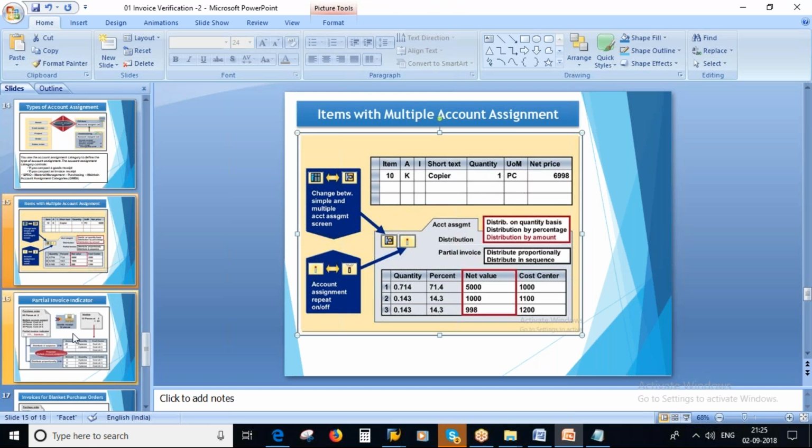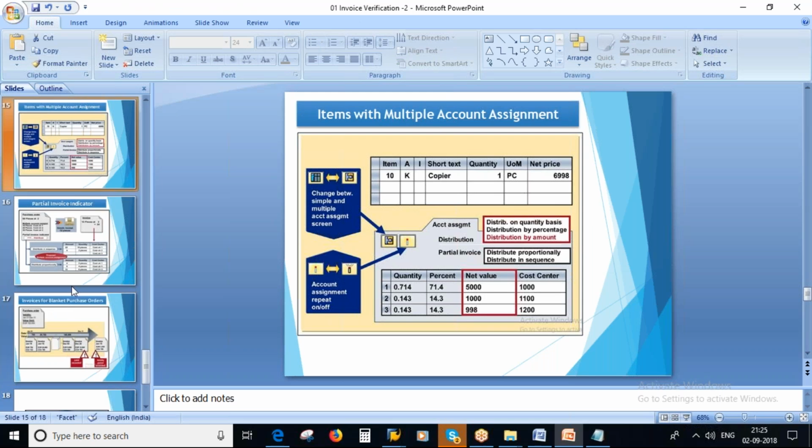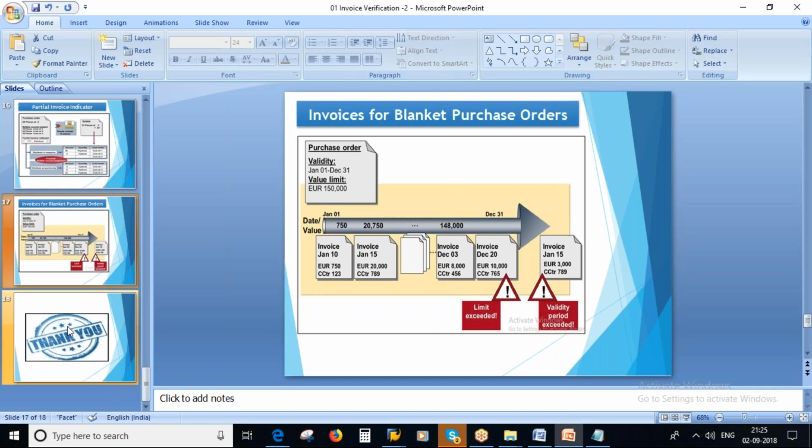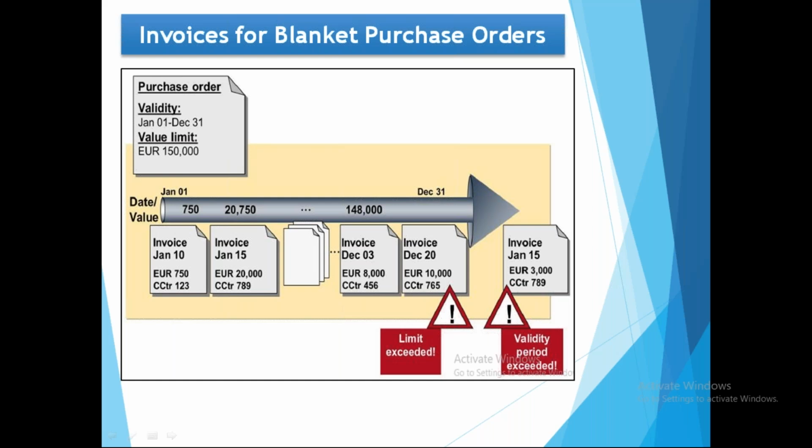Okay, so the next one we will be discussing is invoices for blanket purchase orders. We discussed the blanket purchase orders already in our previous classes. So whenever you create a blanket purchase order, you give a validity date, and you give a value limit.